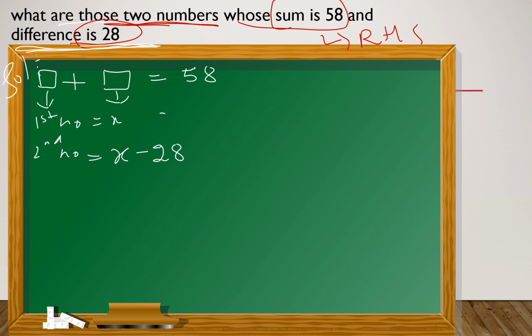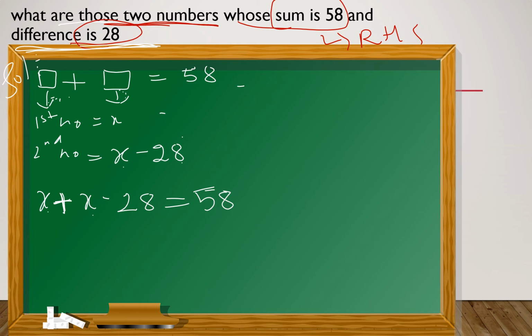These two will be in LHS. The sum of these two numbers is 58. The first number is x and the second number is x minus 28, and sum means addition, so I'm keeping a plus symbol between these two numbers. x plus x minus 28 is equal to the RHS, 58.